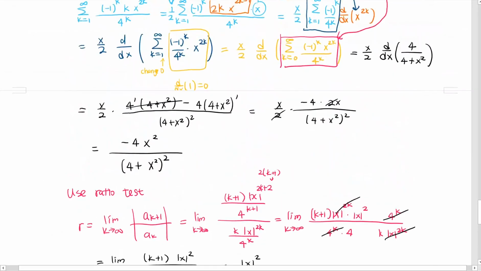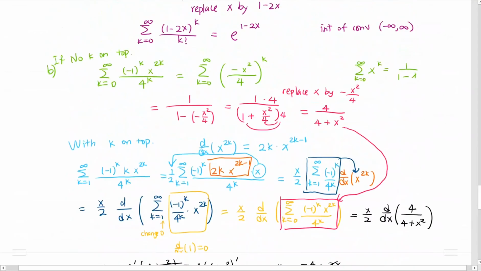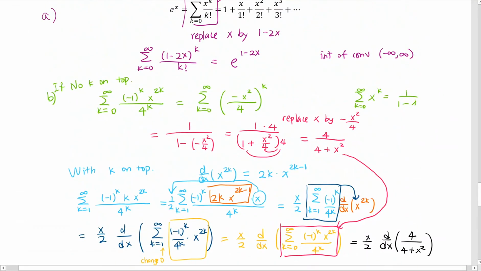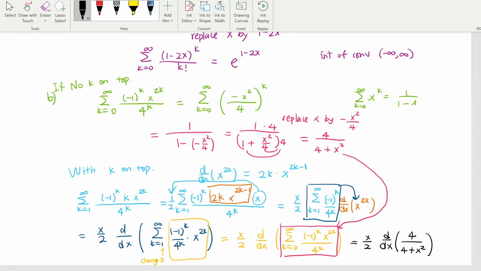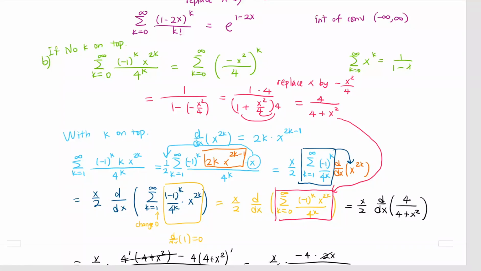And if we use another way to think about it, do you remember here? What do we start with? We start with a geometric series, and we recognize we replace x by minus x squared over 4. So this guy converges if minus x squared over 4 is bounded between minus 1 and 1.